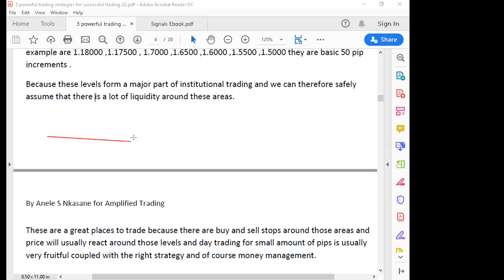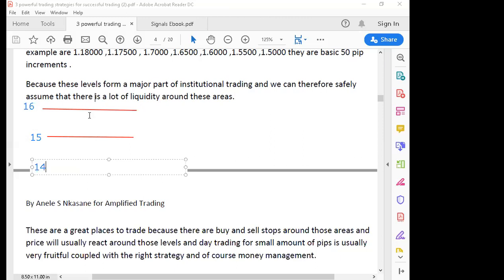I like to use the Euro, USD, and South African Rand, obviously, because it's much simpler for everyone to relate to it. And boom, let's just say we have that 16, 15, and 14.